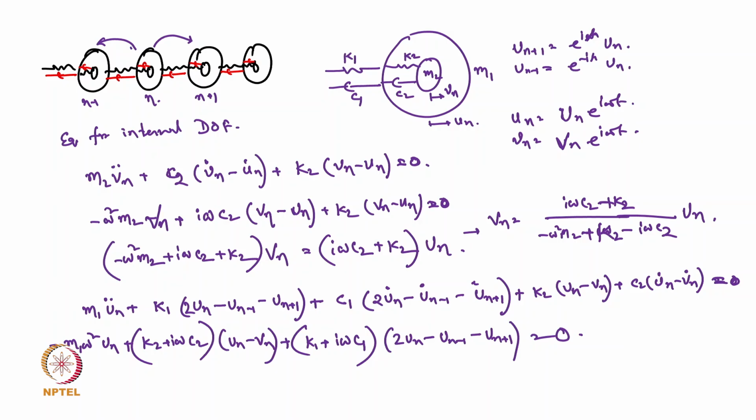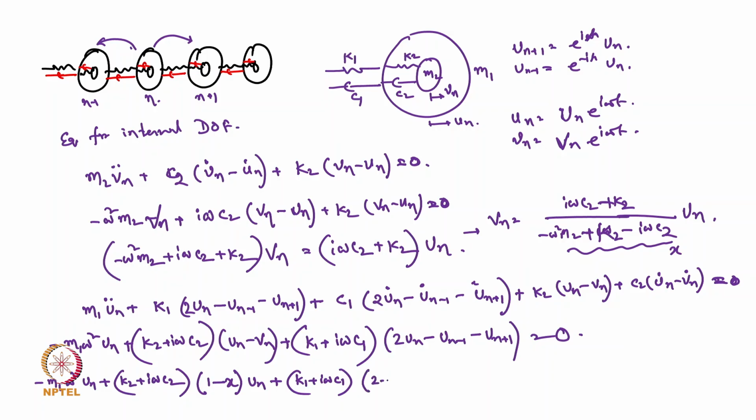Once we write that, I can write this equation as minus m1 omega square Un plus k2 plus i omega c2 into 1 minus, so this term I am just calling chi, 1 minus chi into Un, plus k1 plus i omega c1 into 2 minus e to the power of i mu minus e to the power of minus i mu into Un, that is equal to 0.